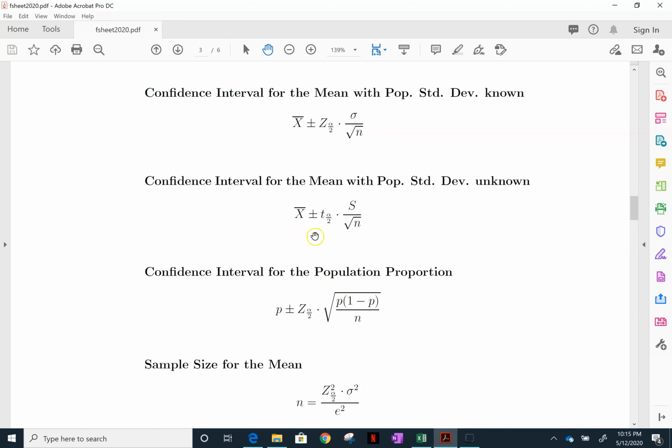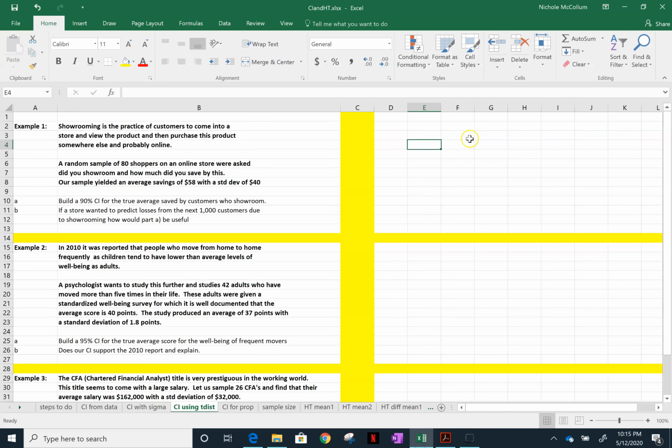So again, I'm using X bar, T, S, and N as my values. So the values I need are X bar, T, S, and N in order to build my confidence interval. S, we already noticed, it's 40 because that is, once again, the sample standard deviation. That is the sample standard deviation.